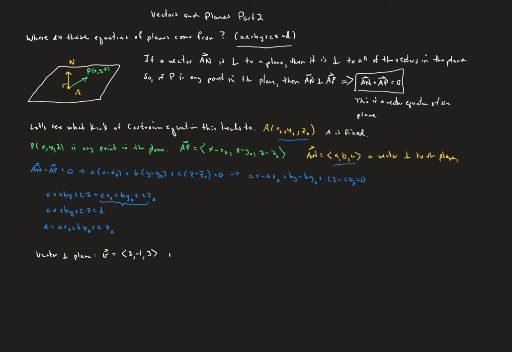And our point A is a point that is on the plane. It's not a random x, y, z, it's just any point in the plane. We're going to say A is 4, 3, negative 2.